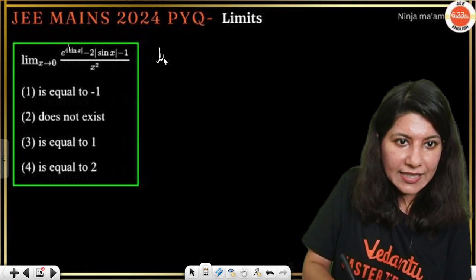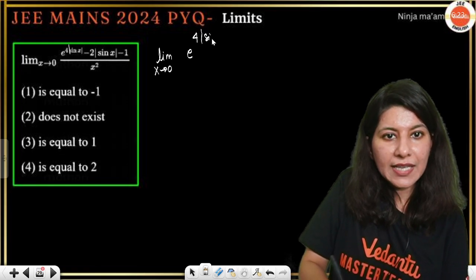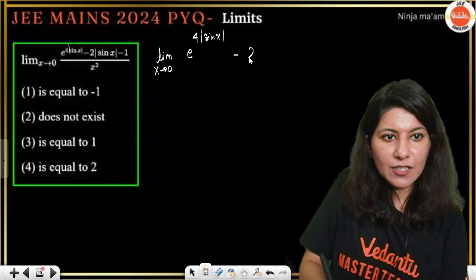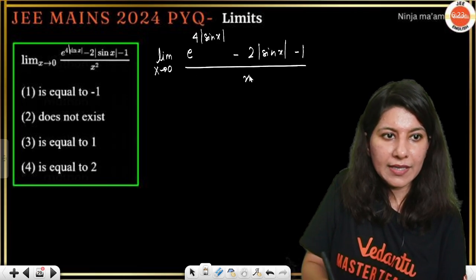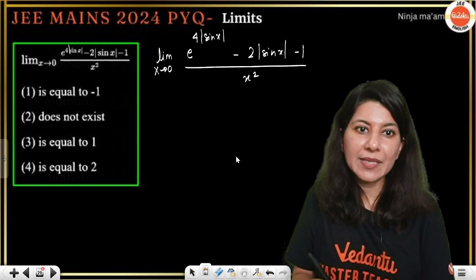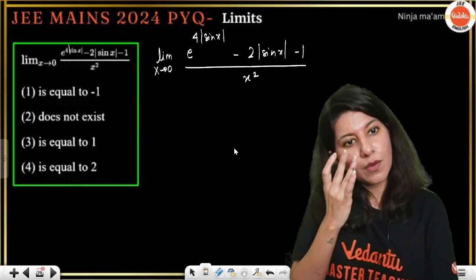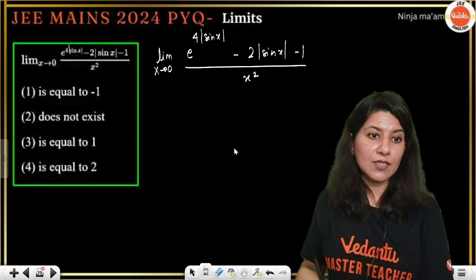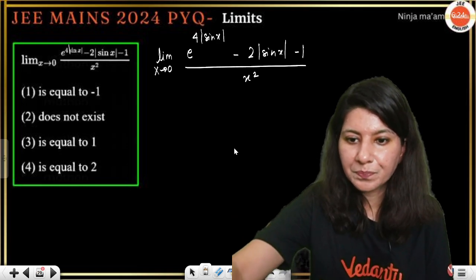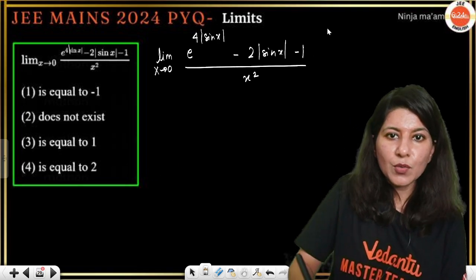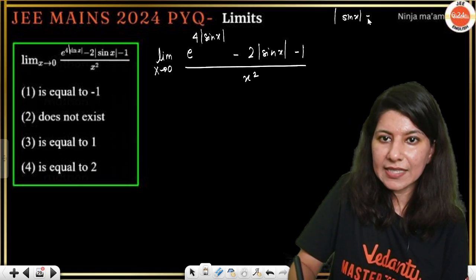So let me just rewrite: limit x tends to 0 of (e power 4 mod sin x minus 2 mod sin x minus 1) upon x square. Now this limit is equal to minus 1, or does not exist, or is equal to 1, or is equal to 2, that we need to figure out. Okay. So in here what we will do is put mod sin x equal to t.